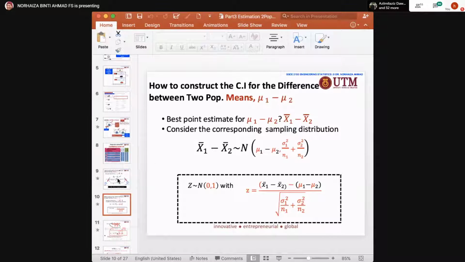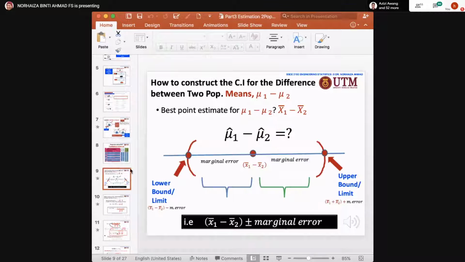Therefore we can treat it the same way we did for a single population mean: we find the interval around the value of x bar 1 minus x bar 2, i.e. the point estimate of x bar 1 minus x bar 2 plus or minus some margin of error. Once we have these values, we get the lower limit and upper limit. Since you're talking about an interval, you have a lower limit and an upper limit.